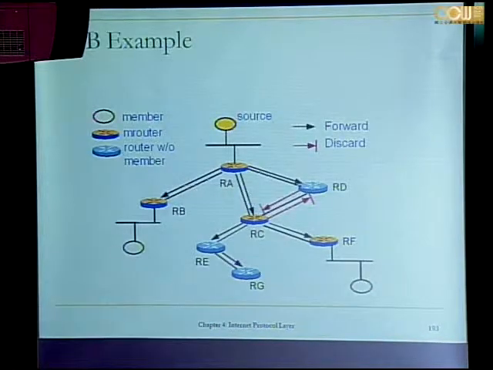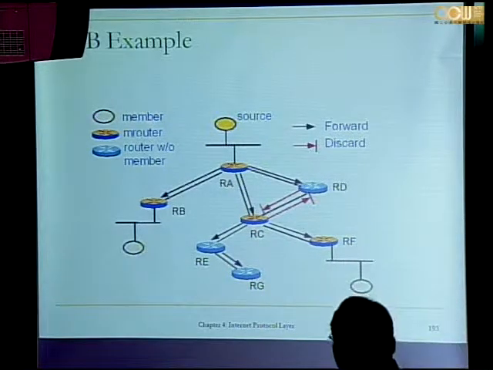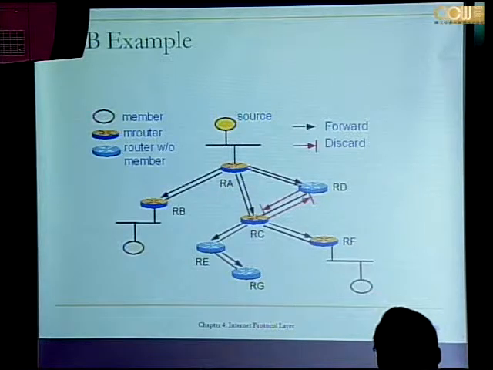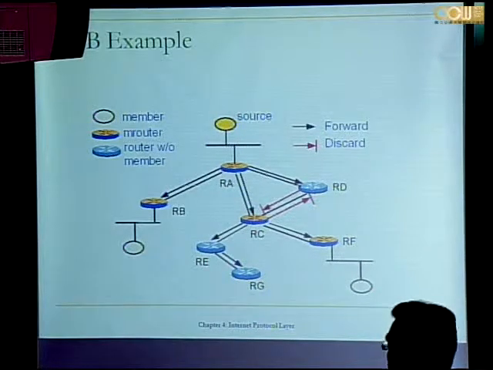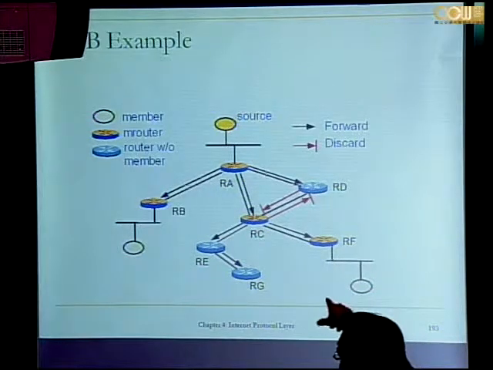So we look at the example here, which will be easier to explain. Now suppose we have a group of three. So you see the hosts. We have 3 hosts belonging to the same class D address.